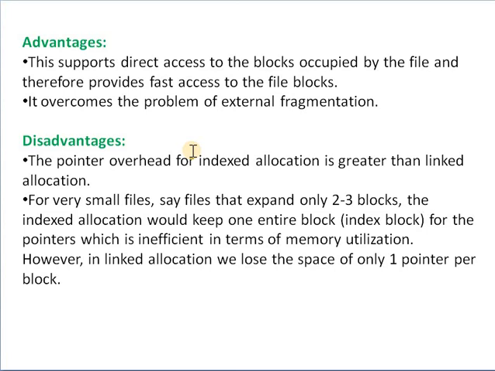Suppose you want a particular point in the book, then you search for that point in the book index, and according to that index page number, you directly jump to that particular page. Same way here, according to the index, we are accessing a file's contents. So this is a very fast and efficient method. It overcomes the problem of external fragmentation.